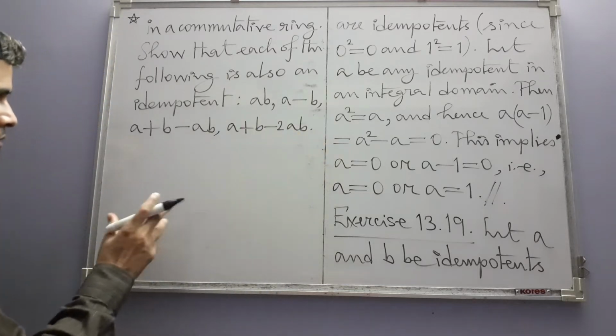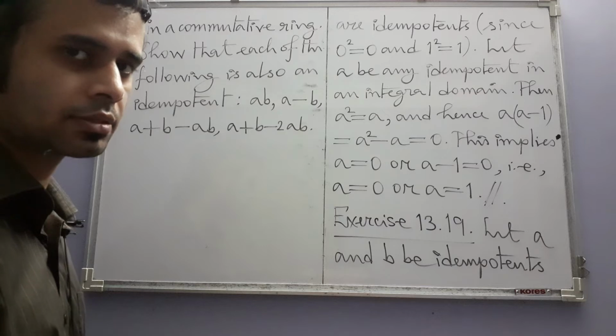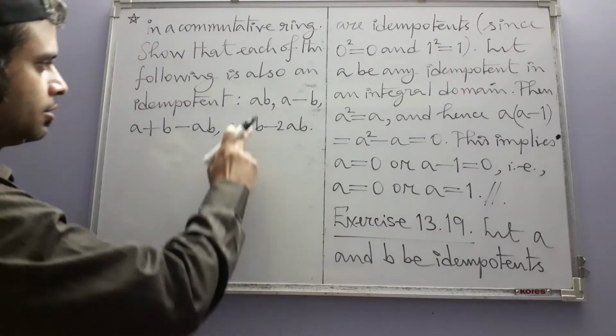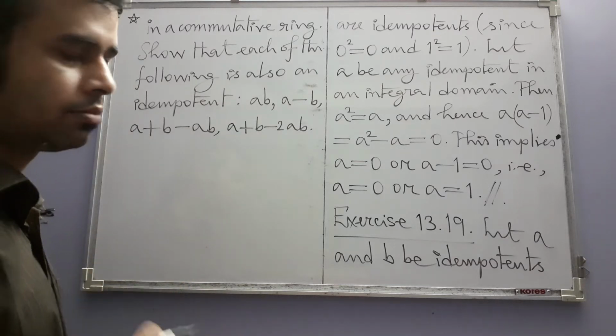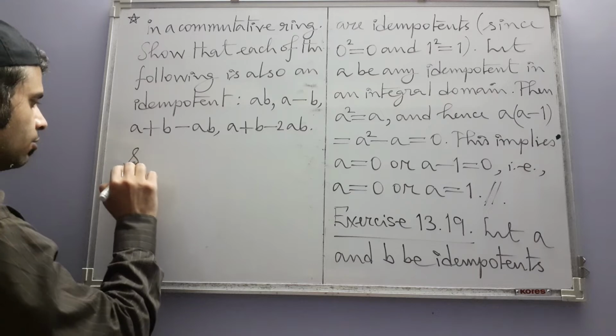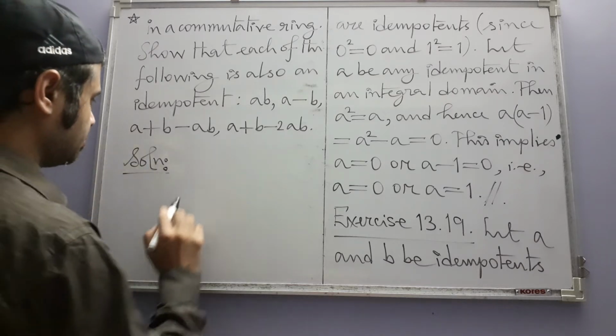So with each of these elements, what we have to do is just verify the condition for idempotence. Take the squares of each one of them and see whether that equals the element itself. So we go through the calculations one by one.